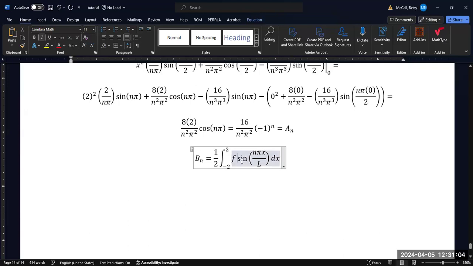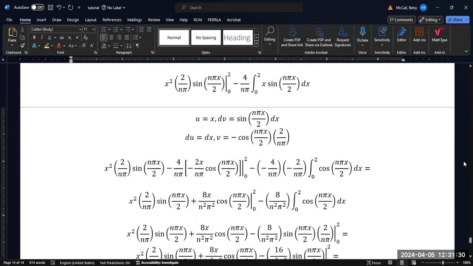And this will be x squared, and if I fill in my 2 over here. Now, sine is odd, x squared is even. Odd times even gives me an odd, and that means by symmetry, integrating from negative a to a of an odd function gives me 0. So all my b sub n's are 0.